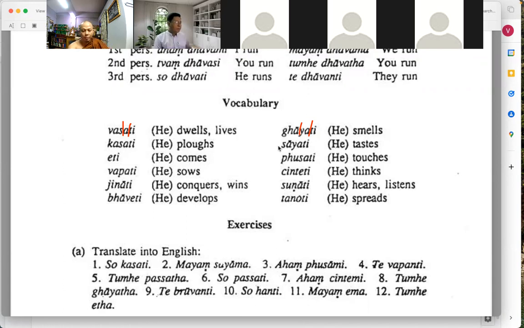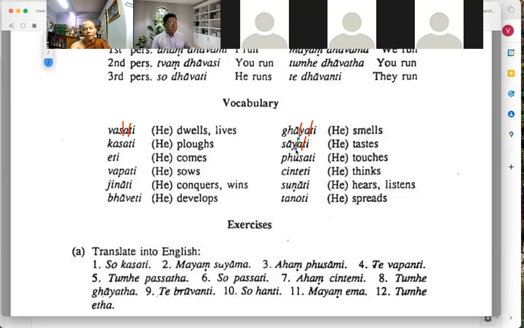And then the next verb is from the root sa: sayati. He tastes a meal, he tastes something. Here also, if we remove the ti, we have the base saya. But for the verb, there may be two possibilities: the sign is a or ya.